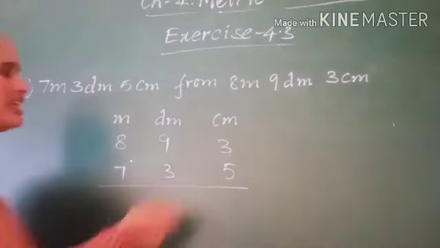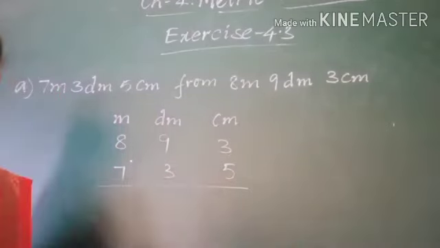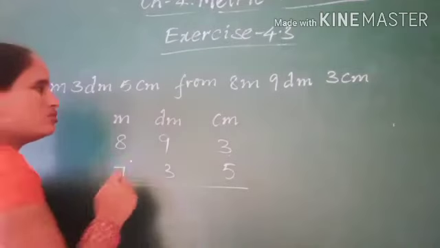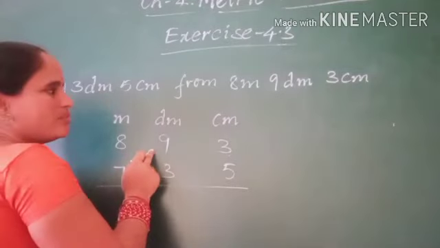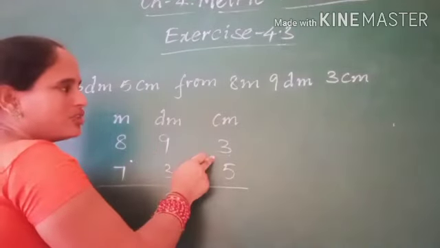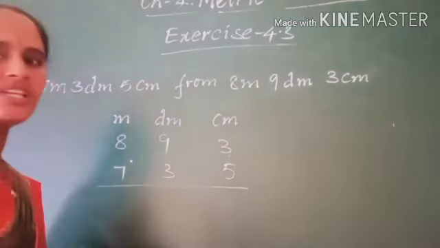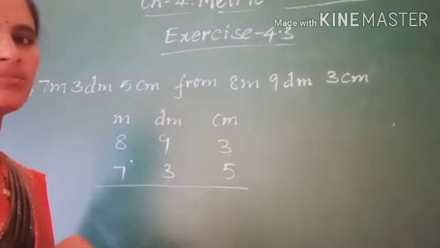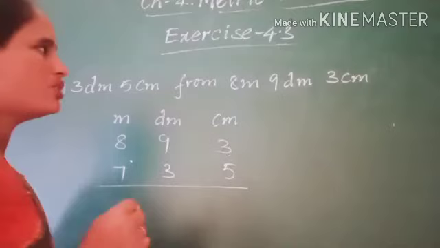Here 3 minus 5. Can we subtract 5 from 3? No. So what do we have to do? Here we take 1 decimeter and convert it into centimeters. How many centimeters equal a decimeter?